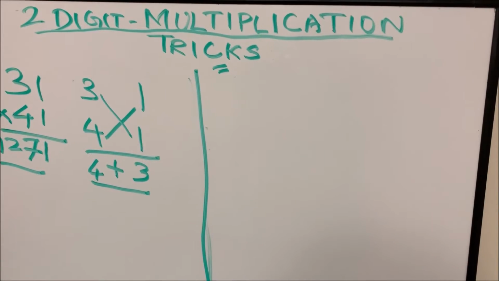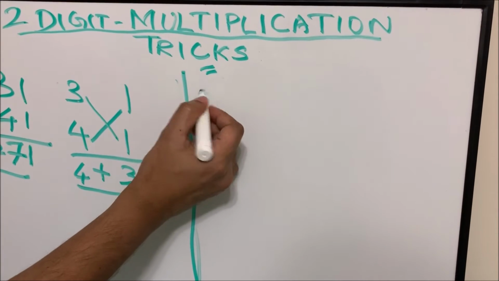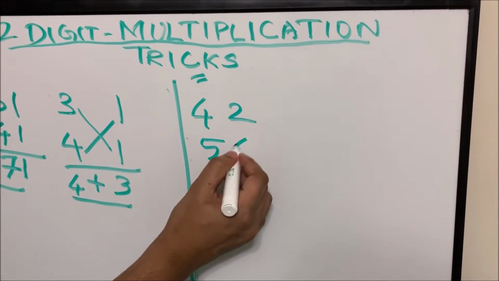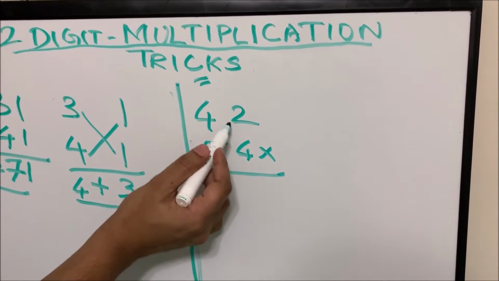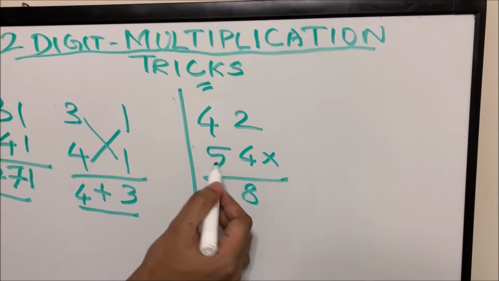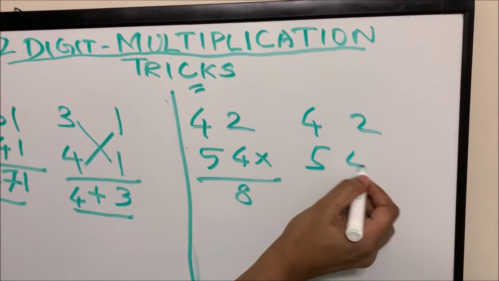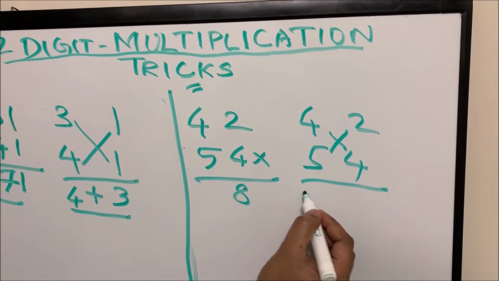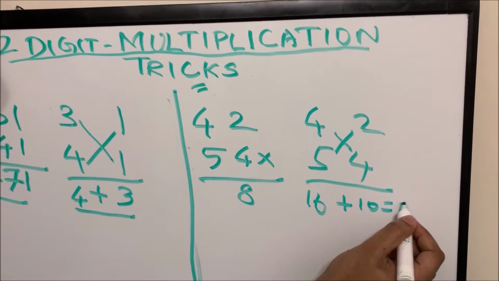Now we will see some bigger numbers with some alteration, that is say 42 by 54. So taking the right two digits, 4 twos are 8, then cross multiplying 42 and 54. 4 fours are 16, and 5 twos are 10, which gives 26.